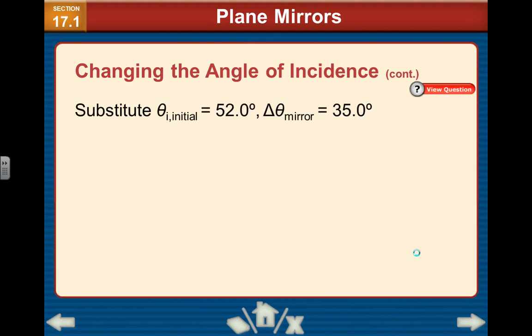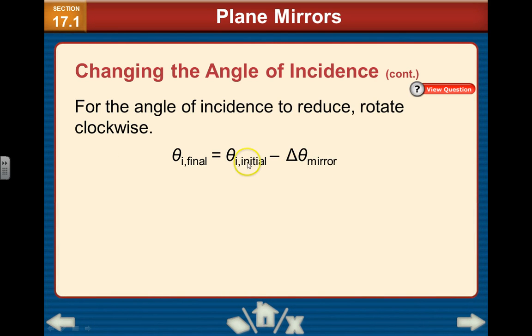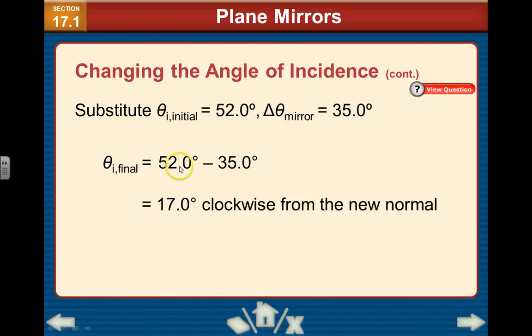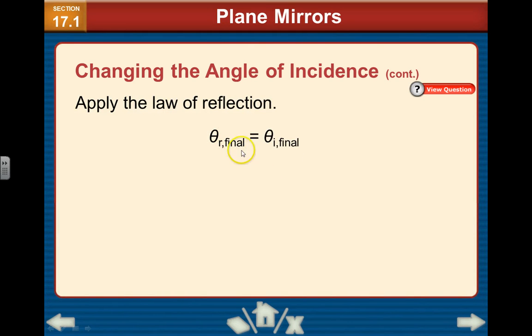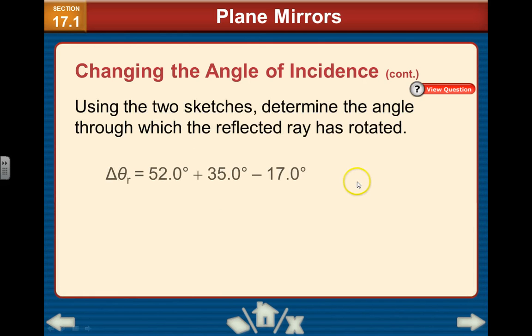We could solve that. Again, we're rotating clockwise, so we know we're going to reduce the incidence. So if we substitute some numbers in here, we could figure out we just changed the incident by 17 degrees from the new normal. And again, if the incident changed by 17 degrees, then the reflected is going to change by 17 degrees.